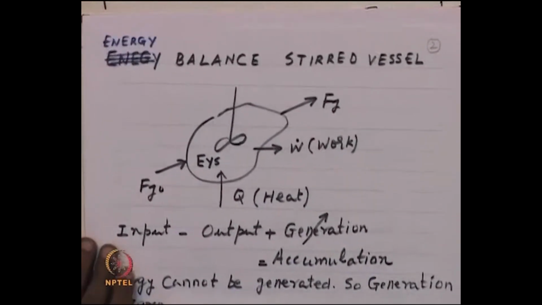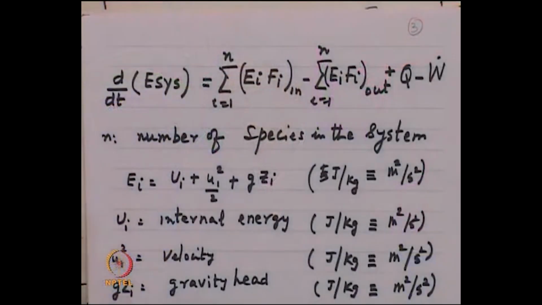translate all this in terms of some symbols, just to understand what might be going on. It is easier to work with. So, what is mentioned here is d by dt of E system, where SYS refers to the energy inside the system. E is energy, SYS refers to system, E subscript system is the energy of the system.